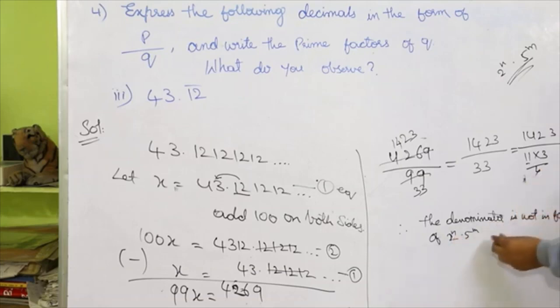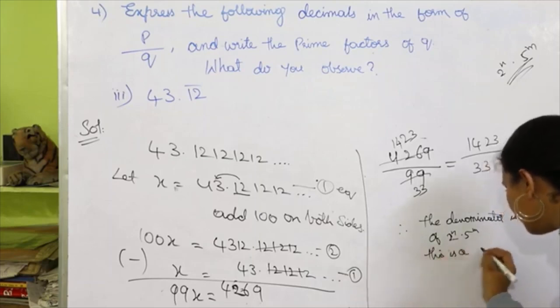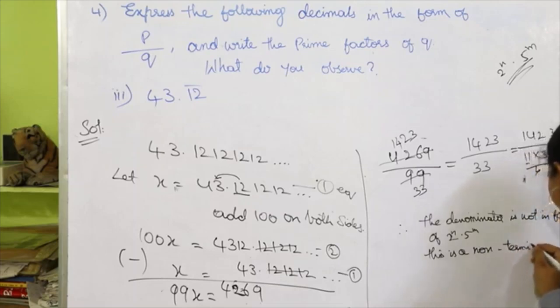If the denominator is not in the form of 2 power n into 5 power m, then what happens? Therefore this will become a non-terminating decimal. So this is a non-terminating decimal. Okay, now next, what will be the third point?